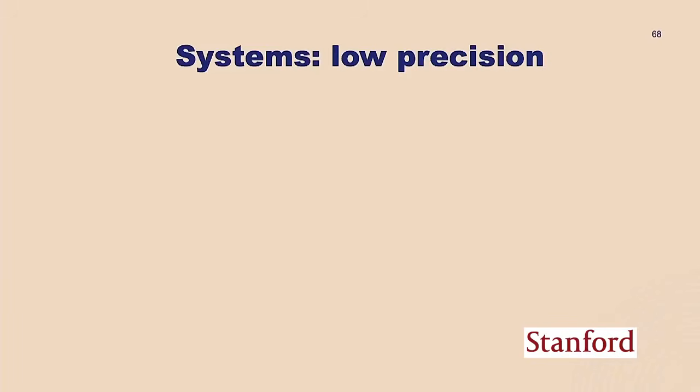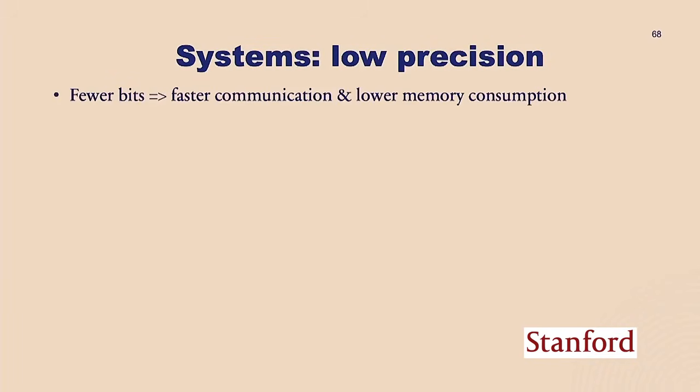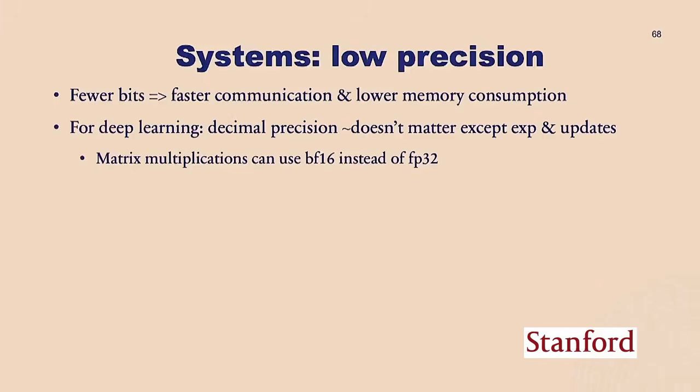So one simple trick, and that might be the only one I'm going to tell you about, is low precision. One simple idea is that if I'm going to put my floats in lower precision, then there are fewer bits that I have to send to my GPUs. If there are fewer bits, it's faster communication, lower memory consumption, things are going to go faster. And for deep learning, it just happens that decimal precision is not that important.